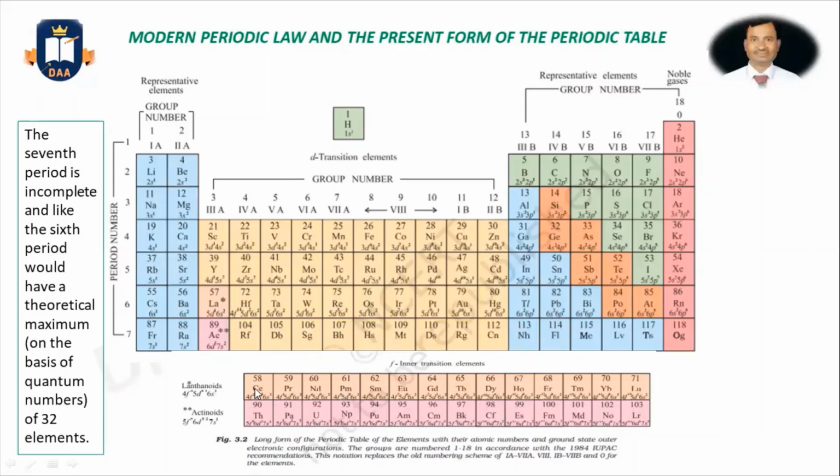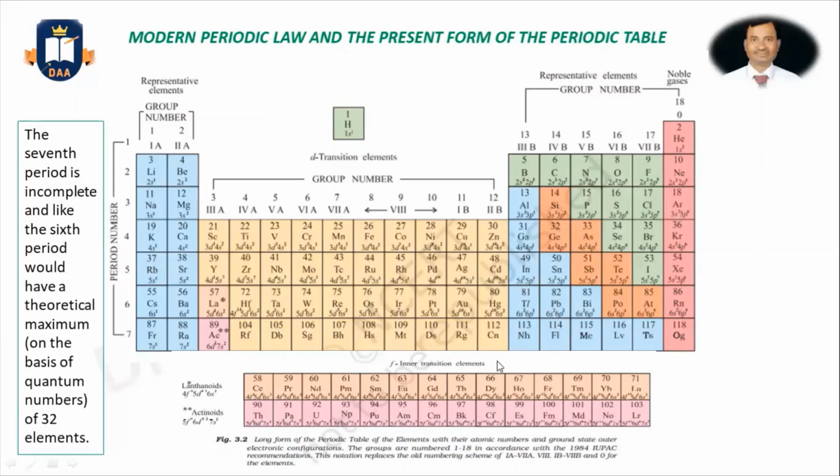It contains the other elements which are in the lanthanum group, called the lanthanides. Similarly, in the 7th period, you see the actinide double star. Double star means in the table below, you see the actinide group, and these actinoids have a number of elements with similar properties. That's why both lanthanides and actinides are called the f inner transition elements.